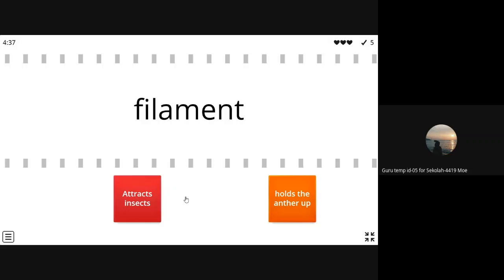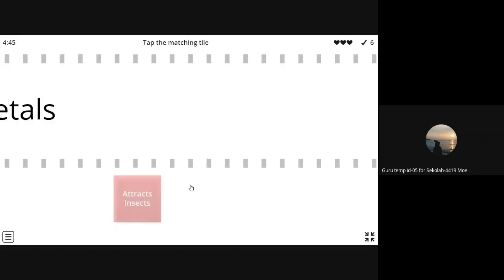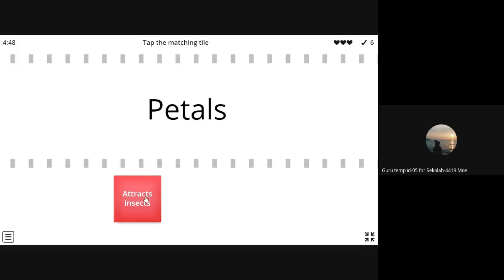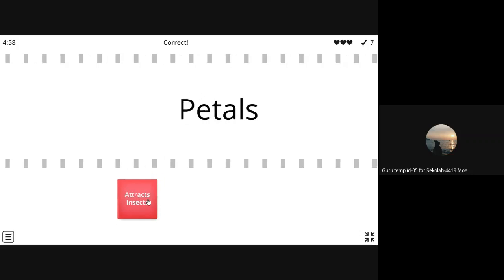B, right? Yes, hold the anther up. So the last one, obviously this is the only answer left. So petals attract insects. Why does the flower need to attract insects? Soon you will learn, okay? Alright.